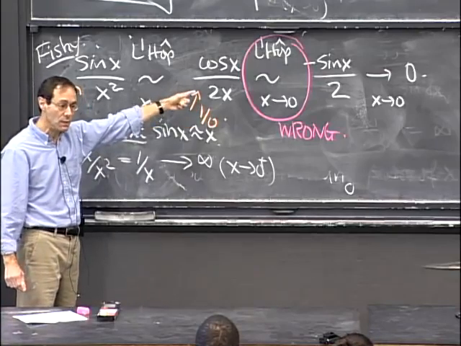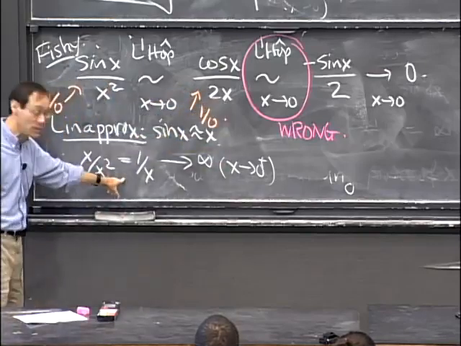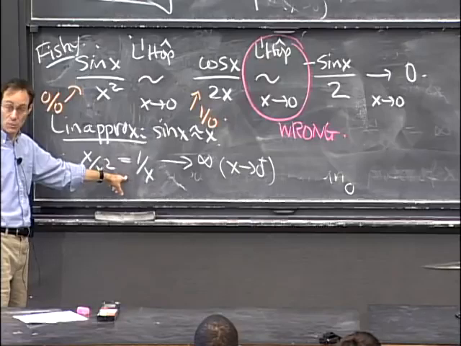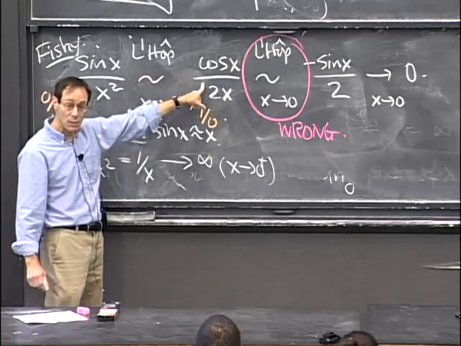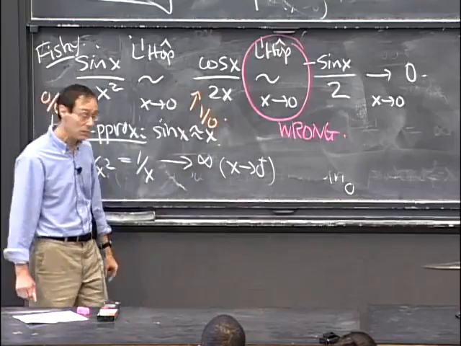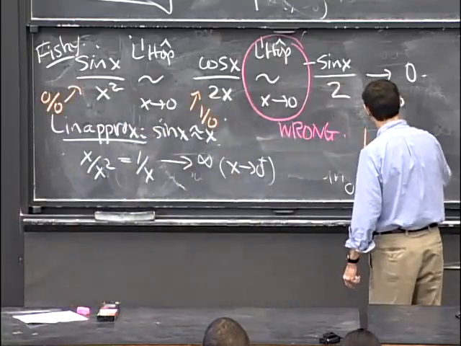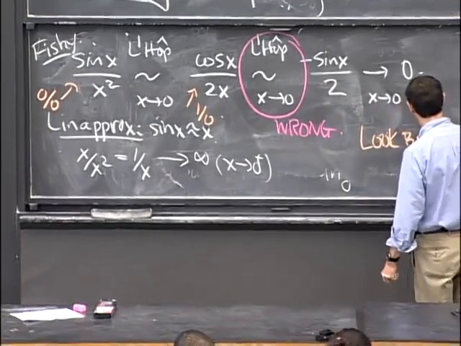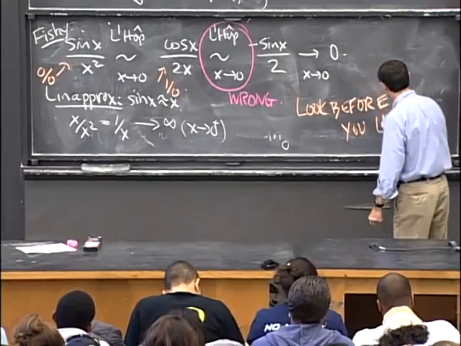It's actually infinite, either plus or minus depending on the sign of the denominator, which is just what this answer is. So the linear approximation is safe, and we just applied L'Hopital's rule wrong. So the moral of the story here is look before you lop.